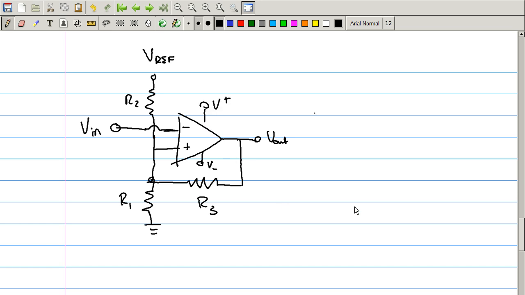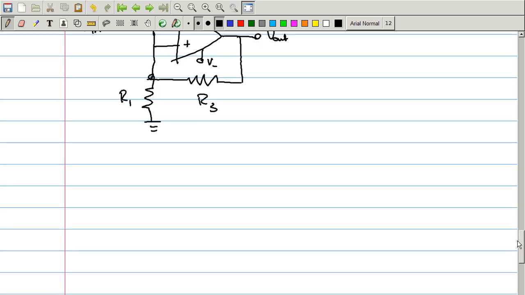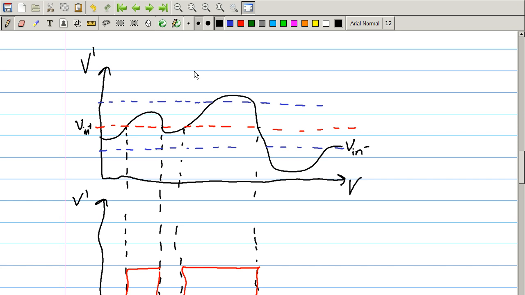Now the formula we have, I want to label those voltages so that I know what I'm saying. This is V ref, and this is V prime ref. You'll see it denoted as V and V prime.